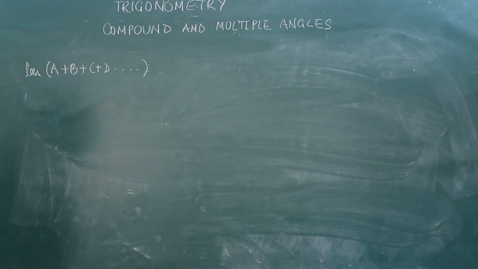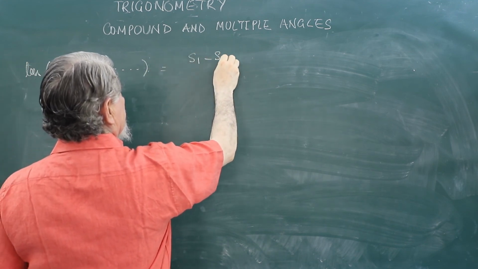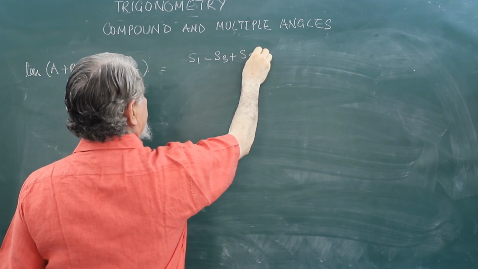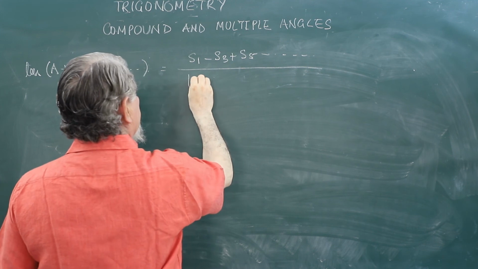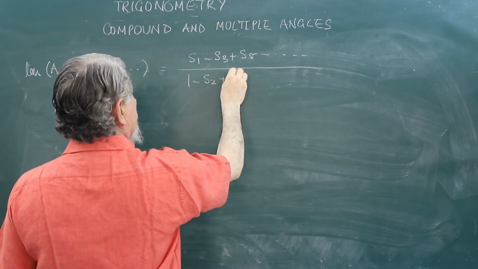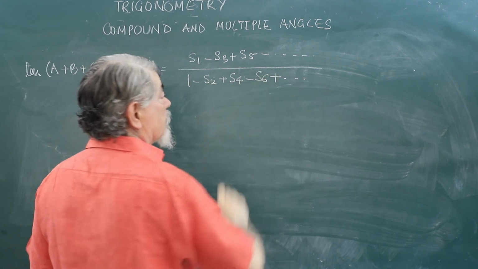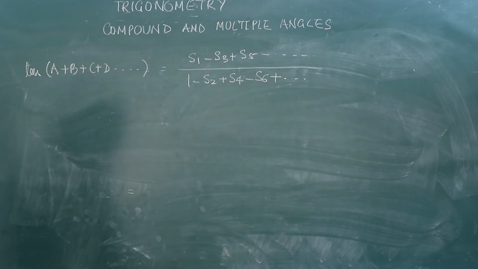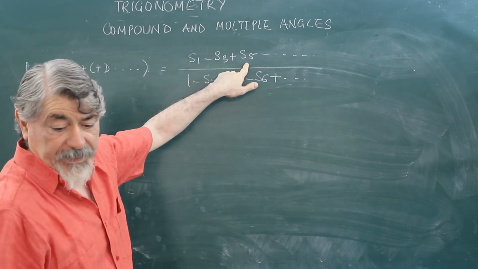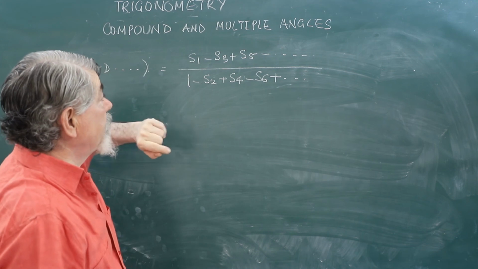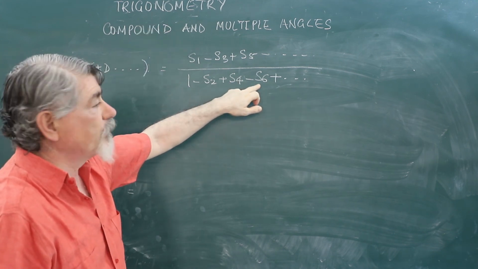It is S1 minus S3 plus S5 minus S7 and so on, upon 1 minus S2 plus S4 minus S6 plus so on.